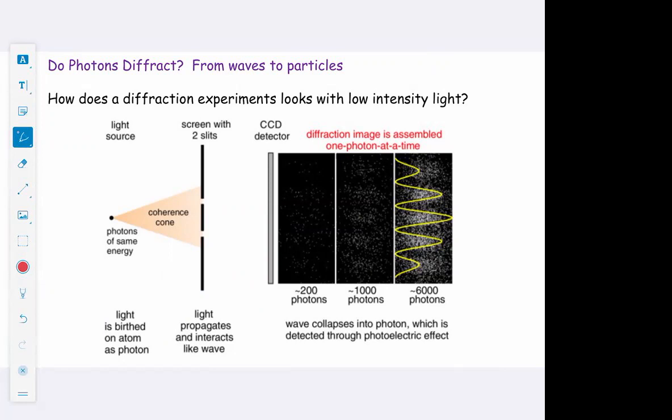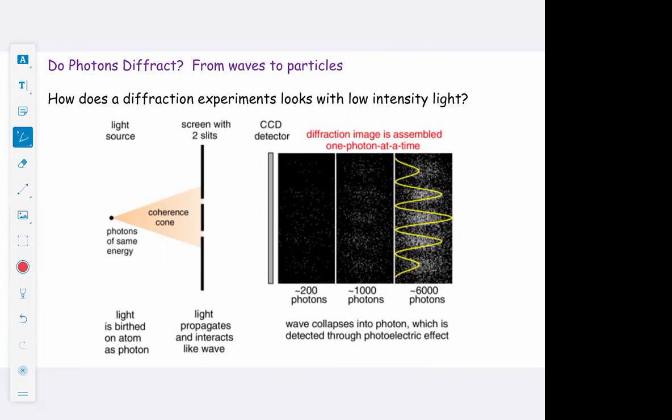So the question then is, is it contradictory that we can have a very good description of diffraction with light using waves? What happened with the particles? Are the particles somehow making any change here?